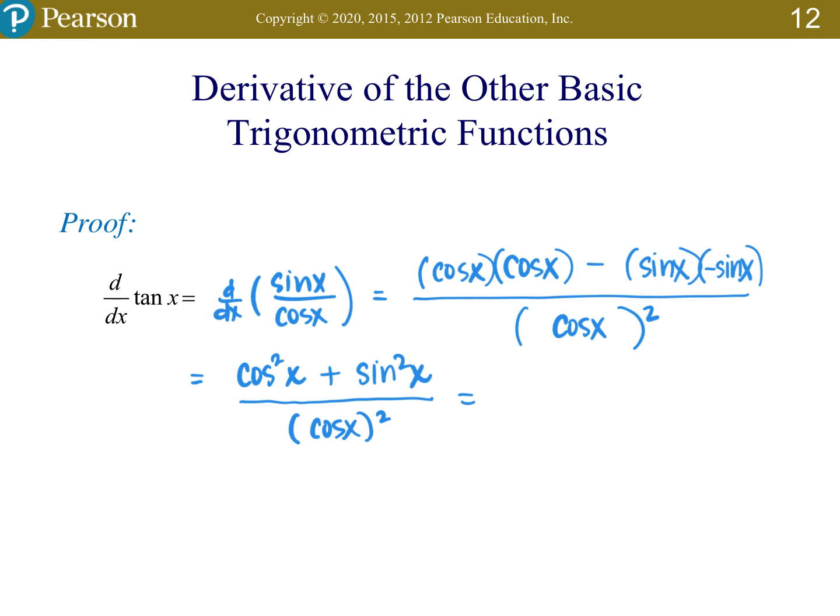And now we've seen this a couple times. My numerator is 1 over cosine x quantity squared. And the trig identity for that, we've seen this already, is that the reciprocal, when you have cosine in the denominator, is the same as secant of x quantity squared, which you can also write as secant squared x. Those two things are the same.